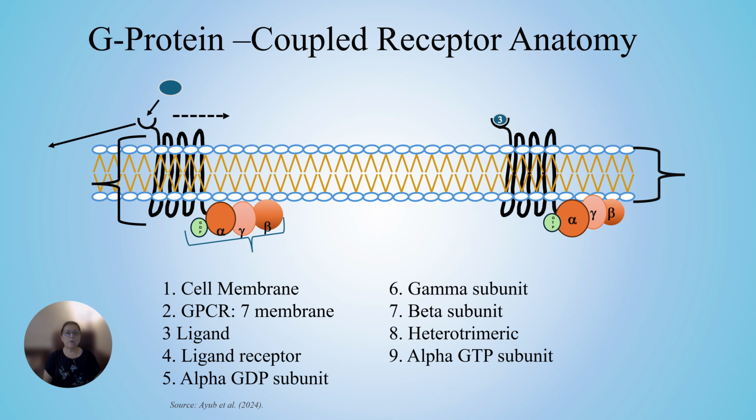In this slide, we are going to talk about a G protein-coupled receptor's basic anatomy. The first thing that we're going to talk about is the actual cell membrane, which is a lipid bilayer that contains hydrophilic heads and hydrophobic tails that are lying back to back.